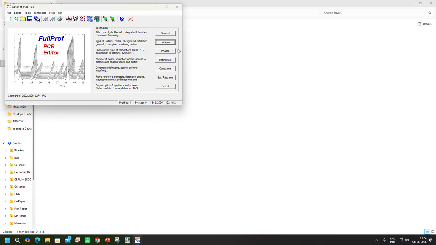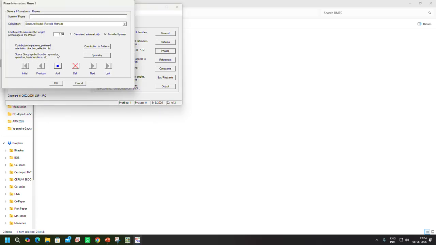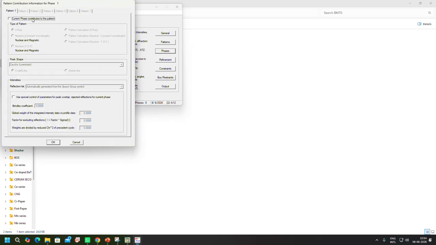Okay, then go to the background, and you choose 6 coefficients. Then okay, after that you go to the phases. Here you give your first phase. Here I am telling you the tetragonal, and the structure Rietveld calculates automatically. Then go to the contribution of pattern, tick on the current phase, and again choose the peak shape as pseudo-Voigt.